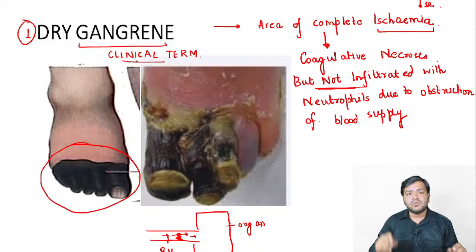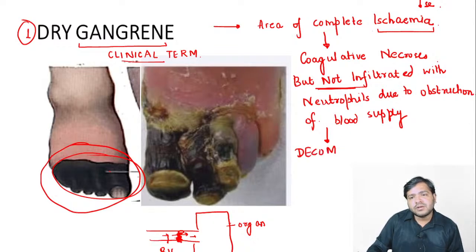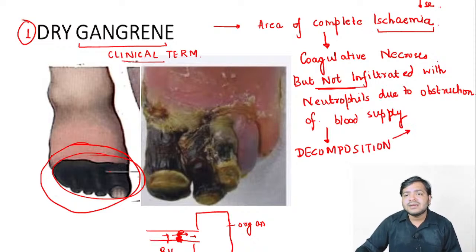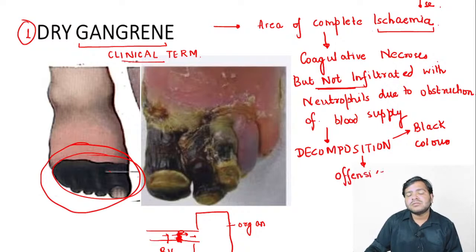Now the neutrophils won't be reaching these particular areas because there is an obstruction in the blood vessel. That is why there is ischemia, less blood supply or decreased blood supply to that particular organ due to some obstruction. Now what will happen? Decomposition will take place, and remember that decomposition will classically give a black color along with an offensive smell.